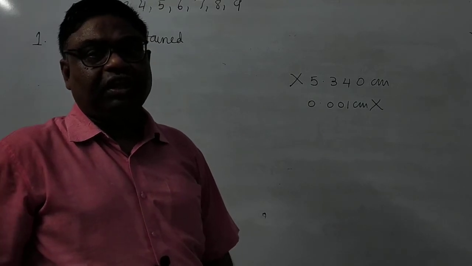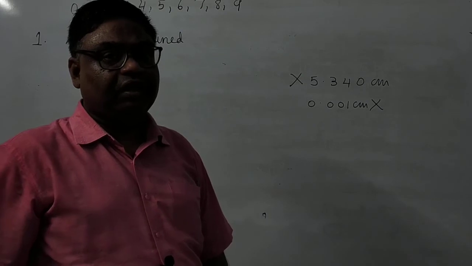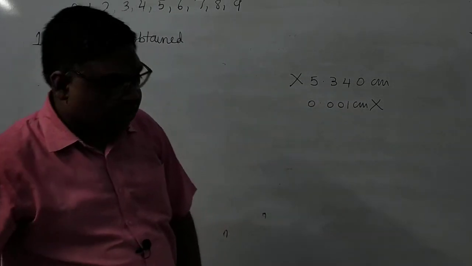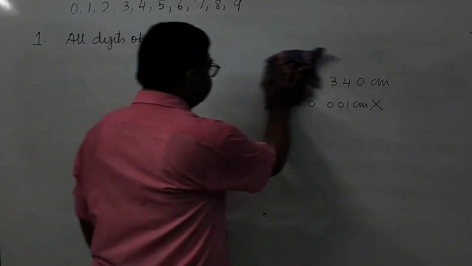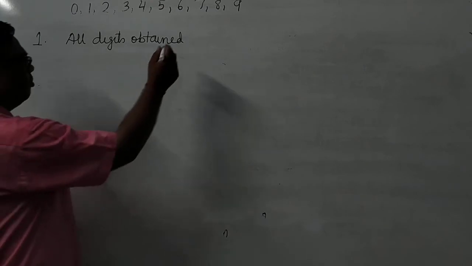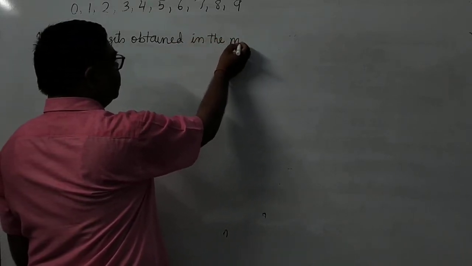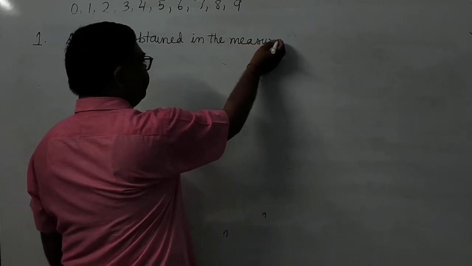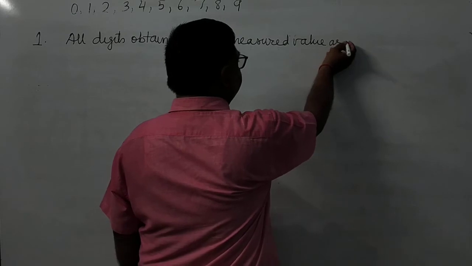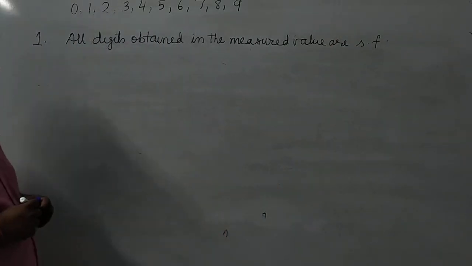Least count means it is the minimum measurement which can be taken accurately by an instrument. It's clear. So that cannot be measured by the vernier calipers. So all the digits obtained in the measured value are significant figures. It is clear.